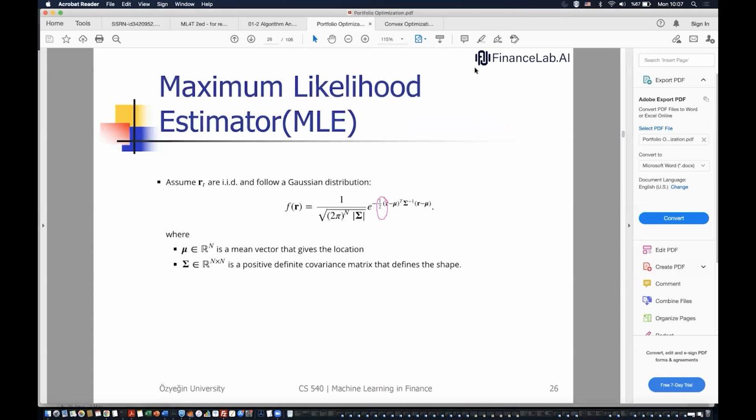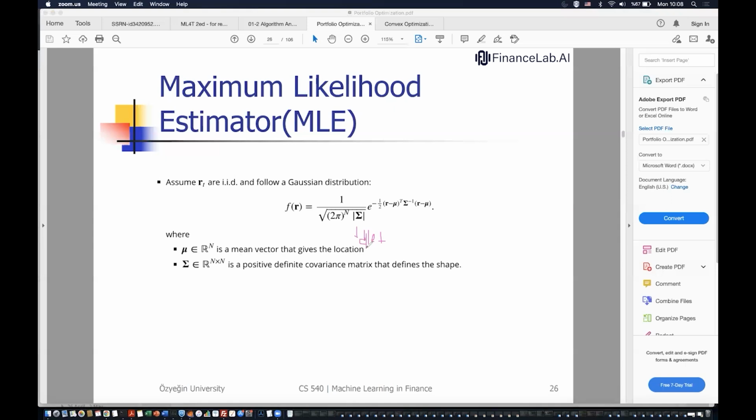And another estimate is the maximum likelihood estimate. Again, it is used as widely as the least squares estimate. In this case, we assume that the returns follow a Gaussian distribution and are independently identically distributed. So this is a multivariate Gaussian distribution, with 1 divided by the square root of (2 pi) to the n times the determinant of sigma, which is the covariance matrix itself.